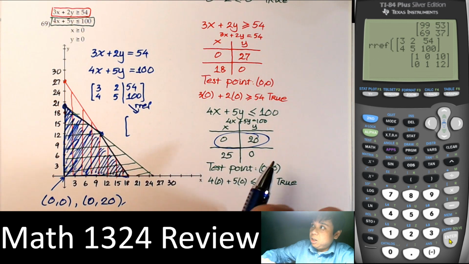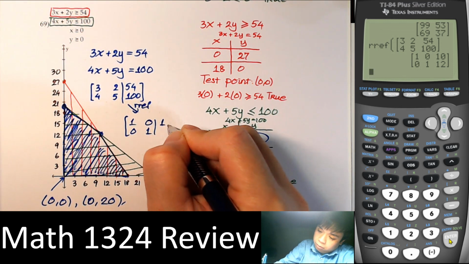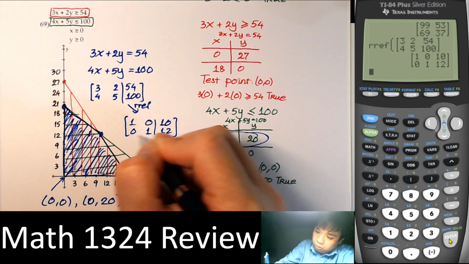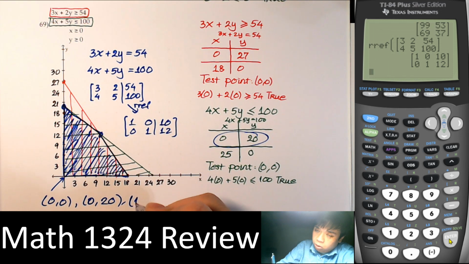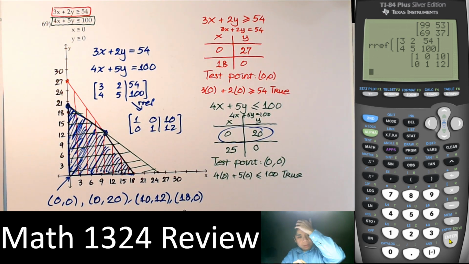I have 10 and 12. So that is 10 and 12. And 18 and 0. So that we have.